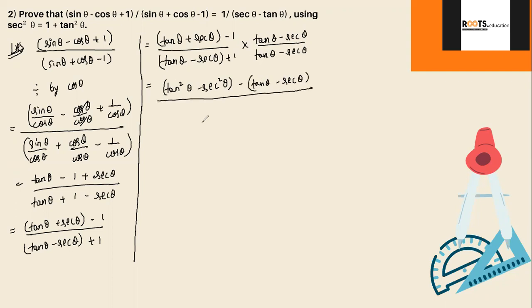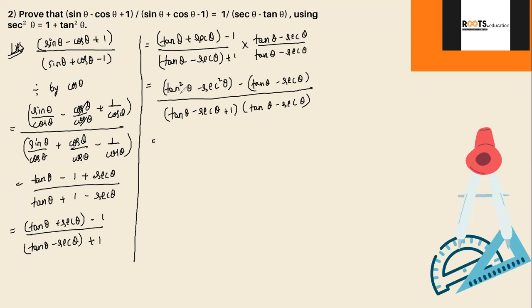And in the denominator, you just multiply. You cannot apply any identity. Tan theta minus secant theta plus 1 into tan theta minus secant theta.